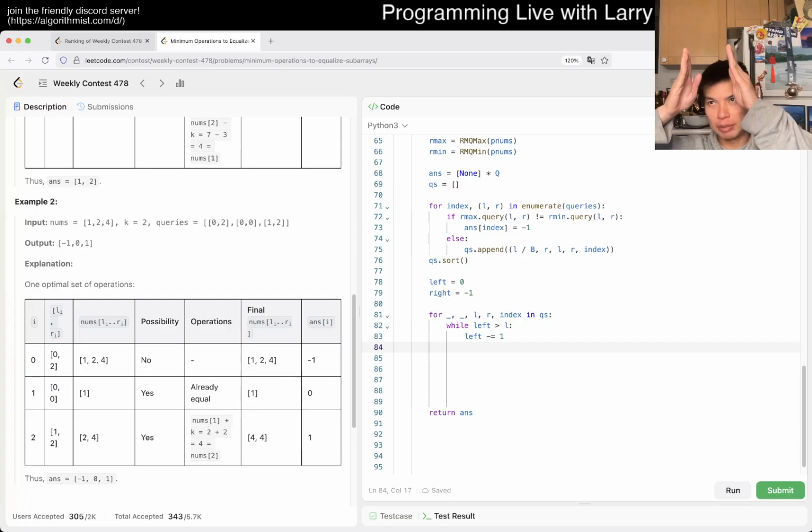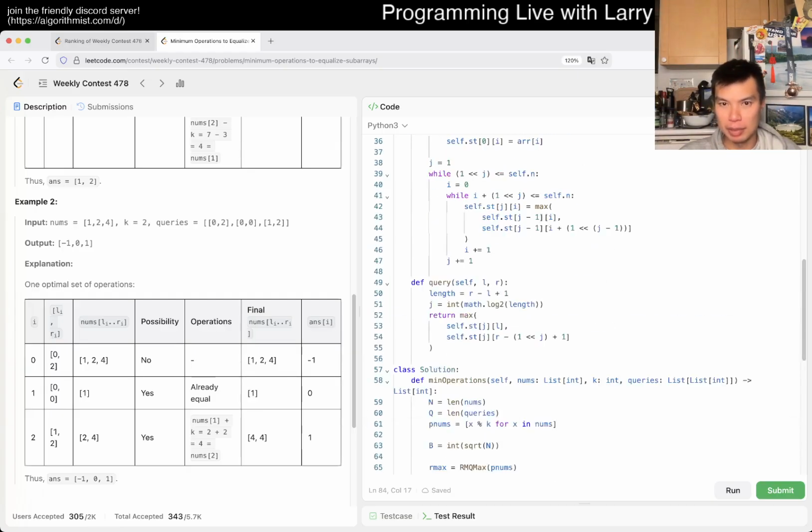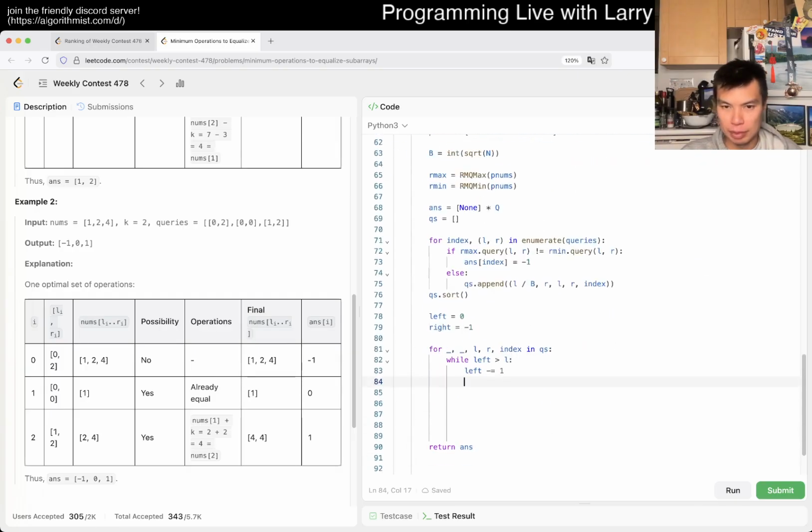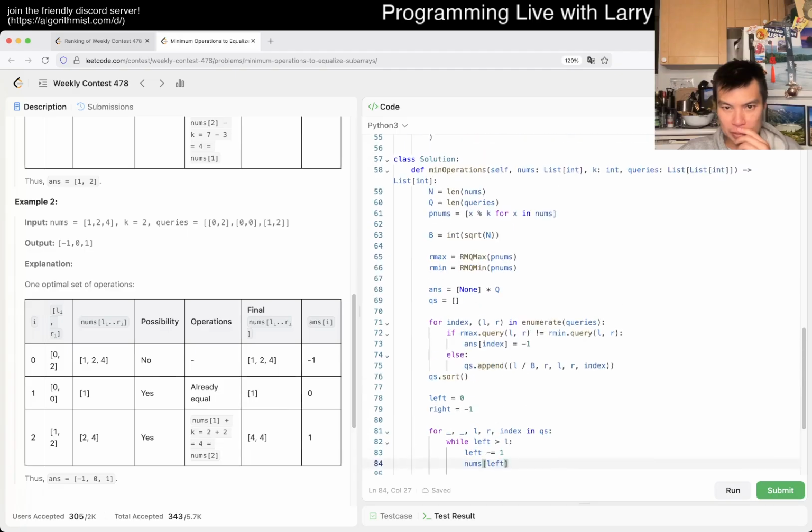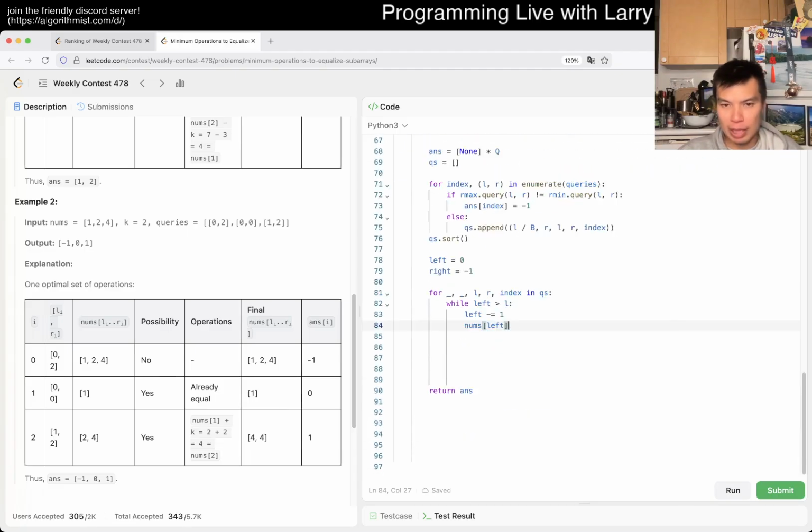So that means that we're adding numbers, so we're adding nums at left. Now the invariant should still hold. So here we want to add this, and what do we add from? A sorted list.